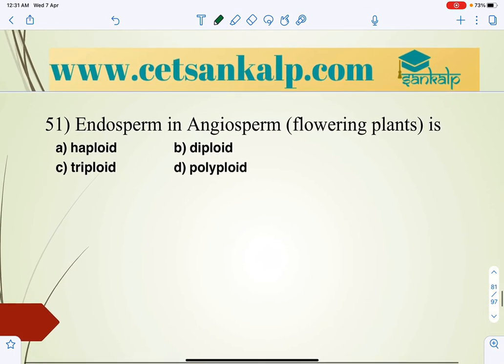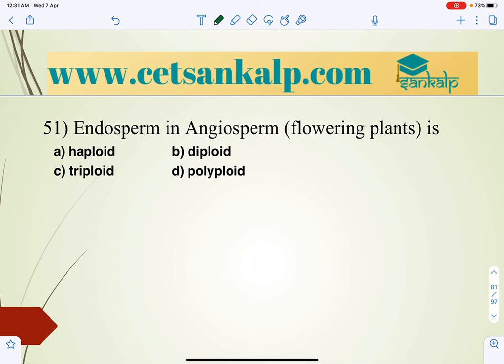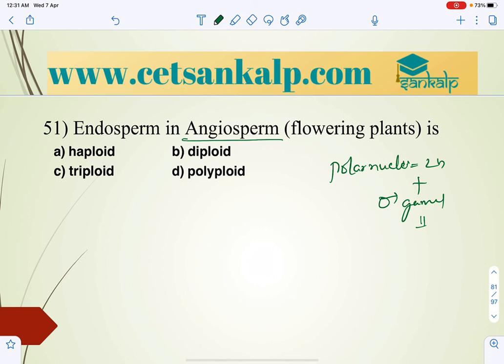Next, endosperm in angiosperms. We know that generally endosperm is formed by the fusion of, first, the polar nuclei fuse and become 2n. Along with that, one male gamete fuses, forming triploid.